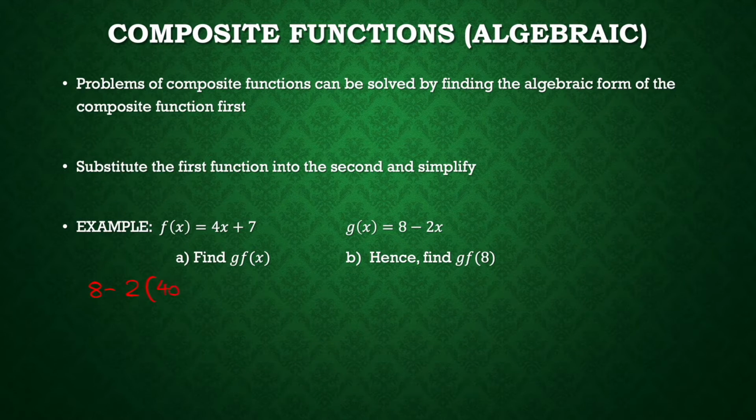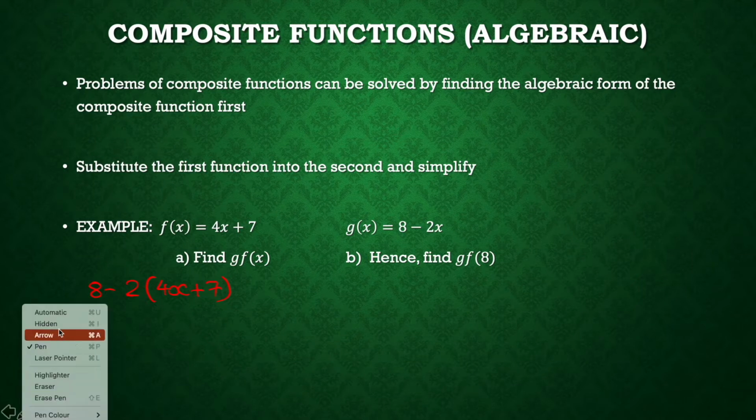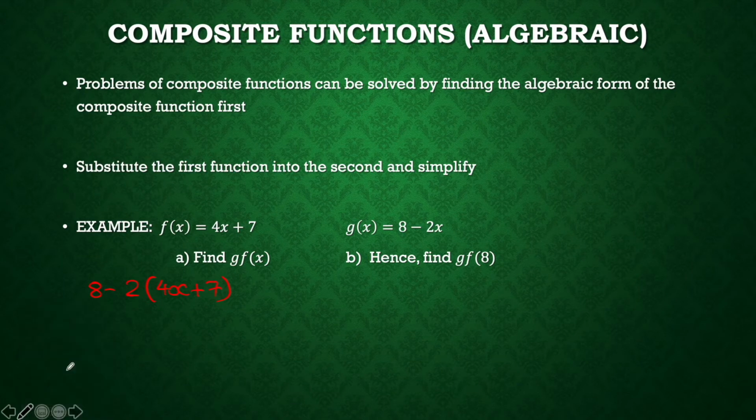So that's going to be 4x plus 7. So all that's happened here is I'm going to substitute in, let's make this nice and clear, I'm going to substitute in f of x into g of x there. If it was the other way around, I'd be substituting in my function of g of x into f of x. Now obviously we're not going to leave it like this.